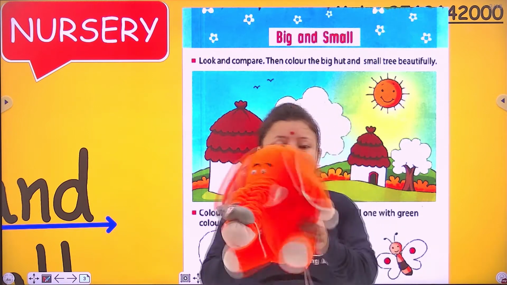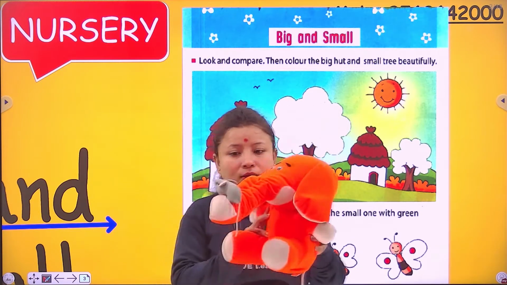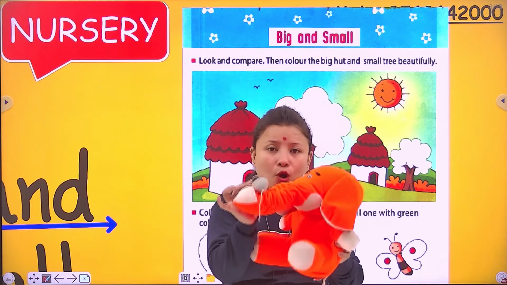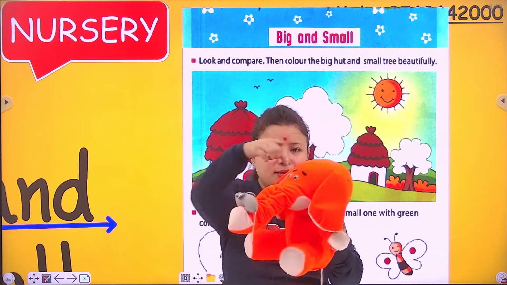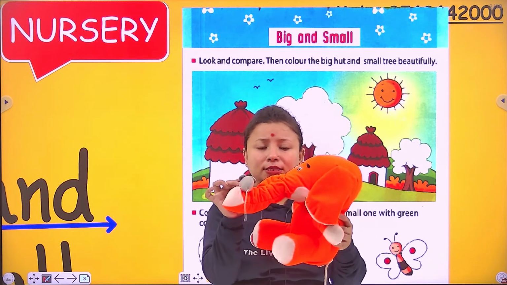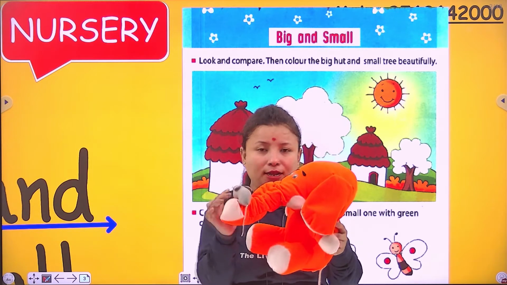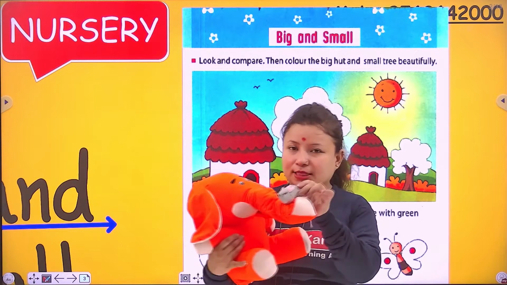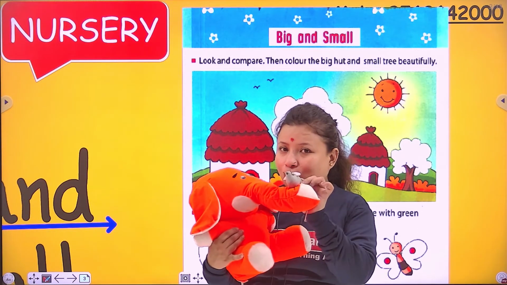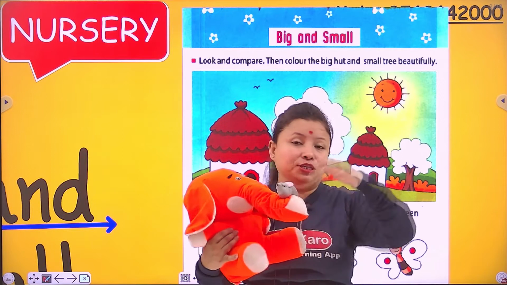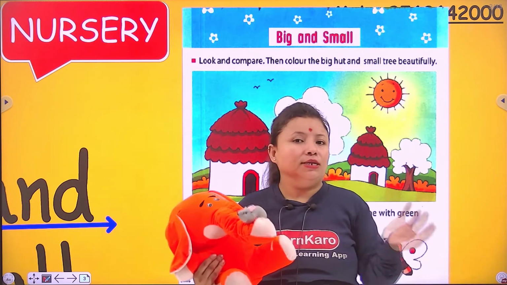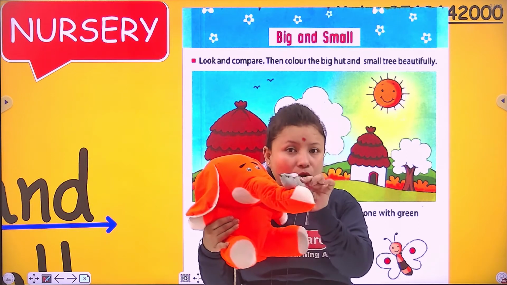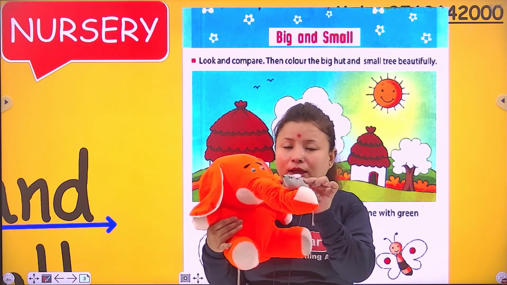So the elephant is big and this mouse is small. Big and this is small. Again, the elephant is big and the mouse is small. Big, it means bada. Small, it means छोटा. ये एलिफेंट बिग है और ये माउस स्मॉल है, छोटा है ना?